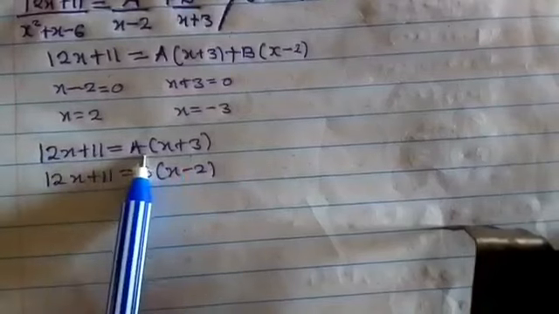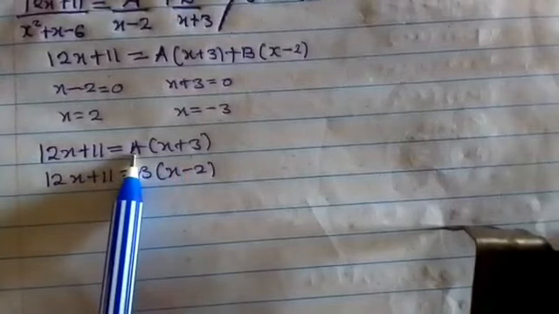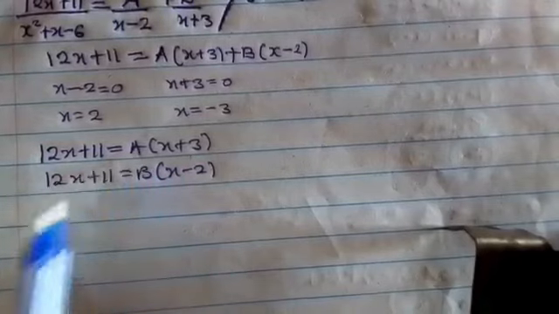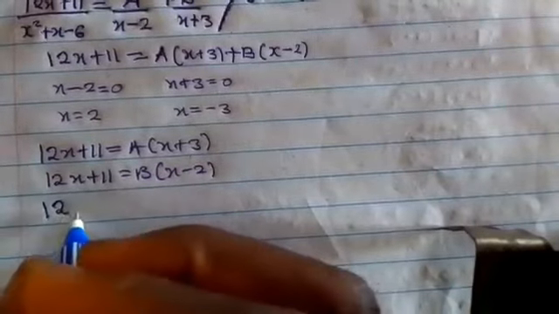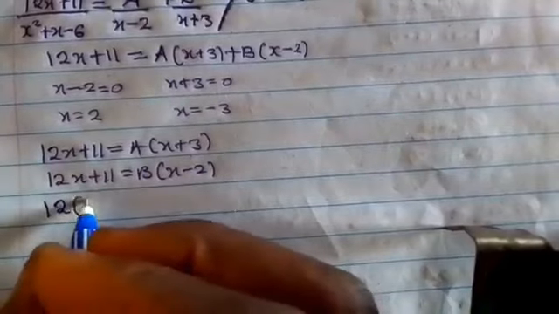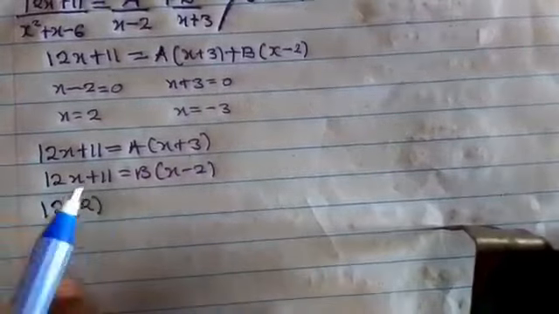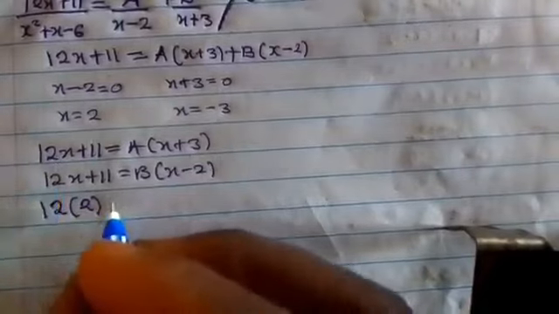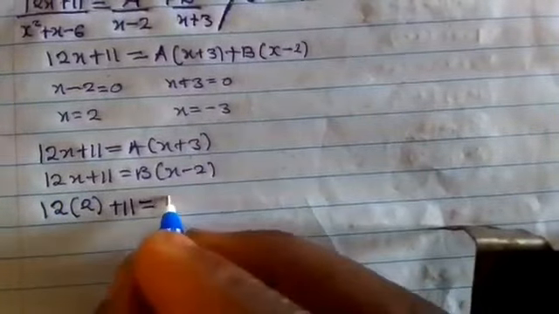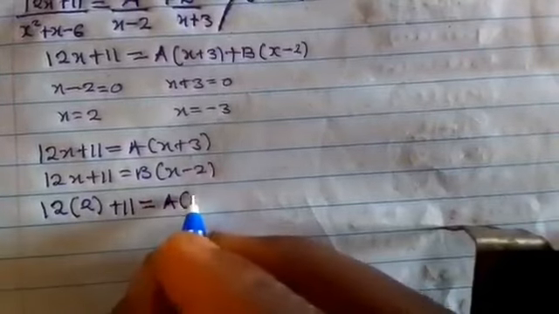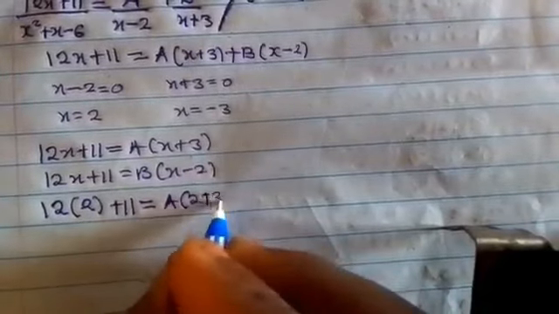Now, at this stage, I'm going to put this positive 2 where there is x in this equation. Okay? Our aim is to find the value of a. So I'm going to put positive 2 where there is x. Since here we are having 12x, then plus 11 is equal to a, open bracket, 2 plus 3, then close bracket.